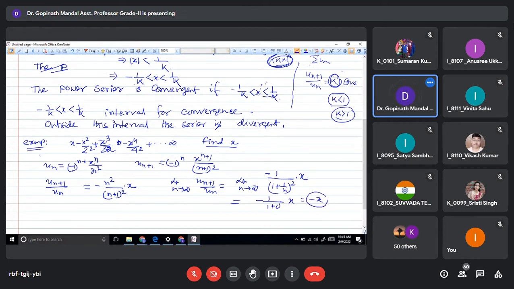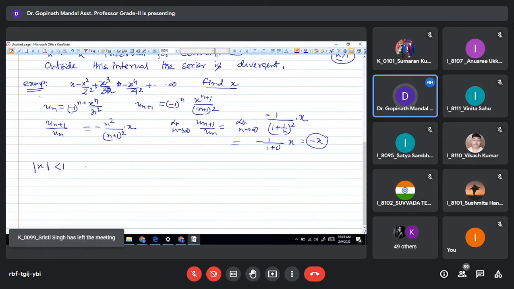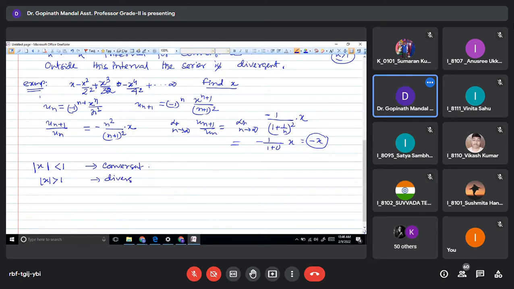Since this is minus x, we take the modulus value of x. When mod value is less than 1, the series is convergent. And when mod value is greater than 1, the series is divergent.